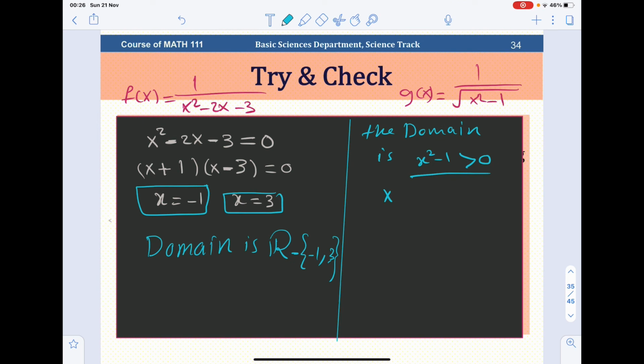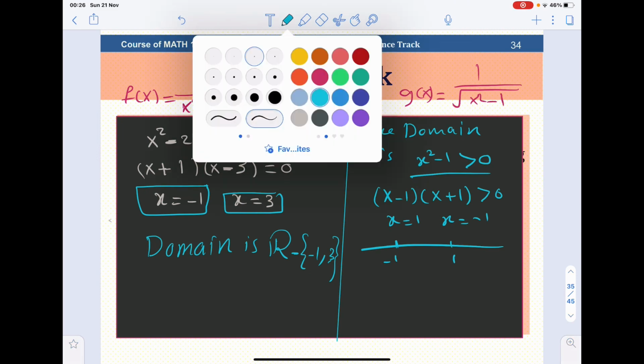So this is a quadratic inequality. I will factorize x squared minus 1 to x minus 1 times x plus 1. Now the roots would be x equals 1 and x equals -1. Then on the number line, I have 1 and negative 1. And then I will pick 3 values of x.